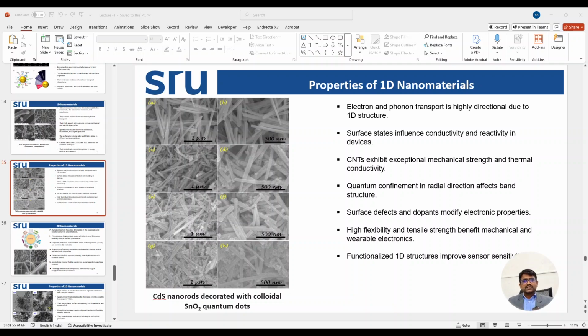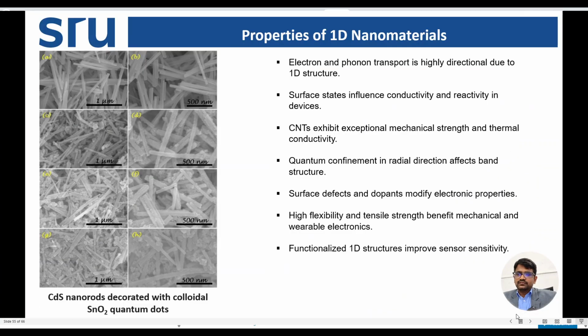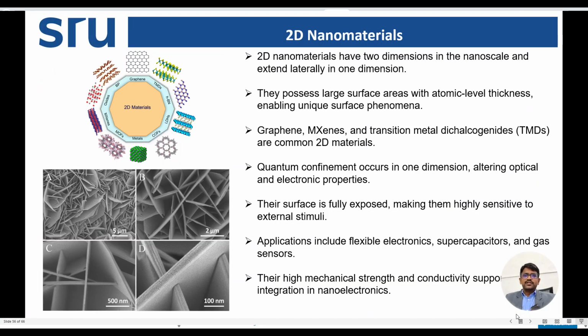So far we have discussed two types of nanomaterials. One is zero-dimensional material, and the second one is one-dimensional material. Then we'll go further with two-dimensional nanomaterials.